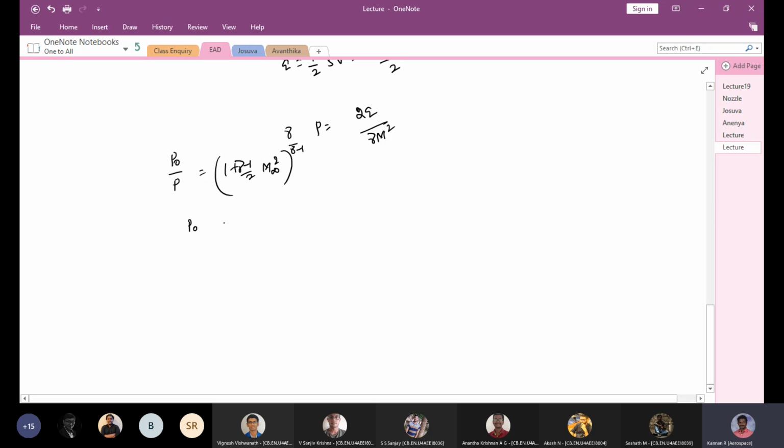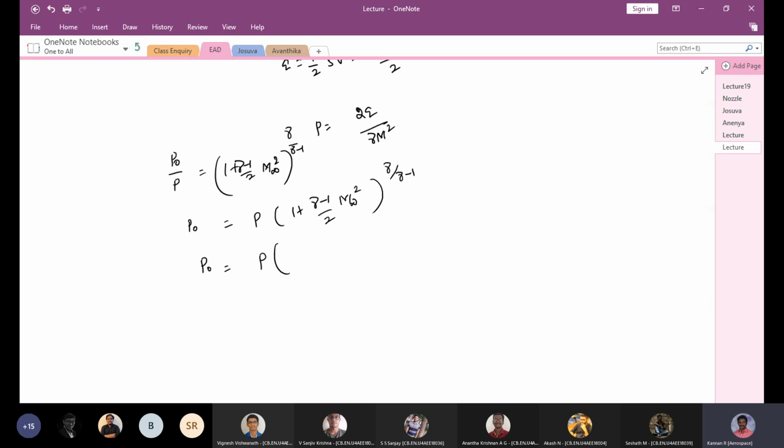Your P naught is equal to P into 1 plus gamma minus 1 by 2 M infinity square to the power of gamma by gamma minus 1. So next I am going to subtract P on both sides, so I am going to subtract P alone on both sides.